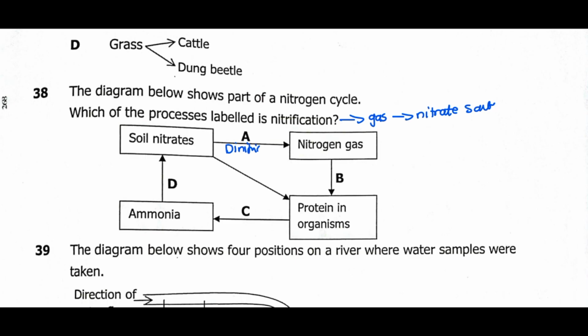Nitrogen gas into proteins in organisms, no. Then we have C, proteins in organisms to ammonia. Then from ammonia to soil nitrates. So the answer is D.